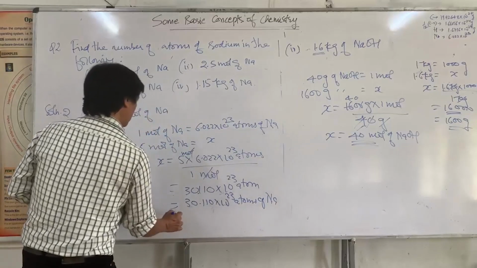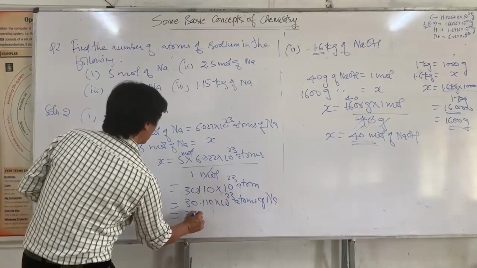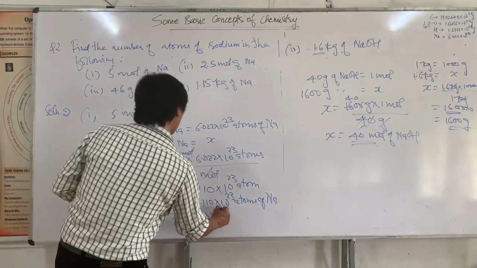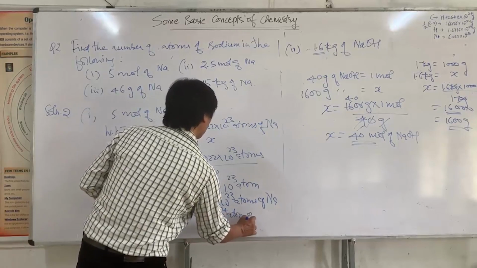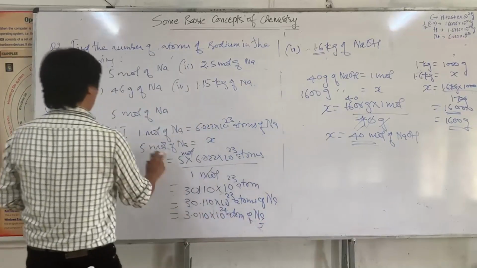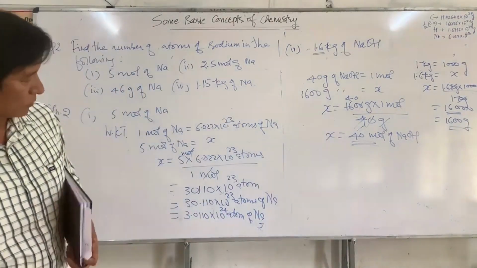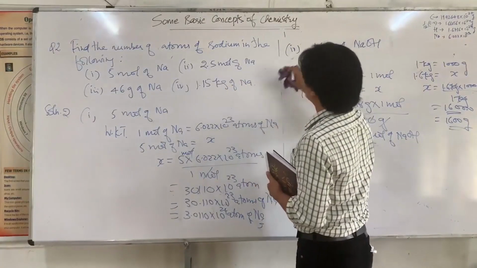Or if you write this in scientific notation, this is 3.0110 into 10 raised to the power 24 atoms of sodium. So in 5 moles of sodium you have this many atoms of sodium, and then you can do the same thing for the rest.